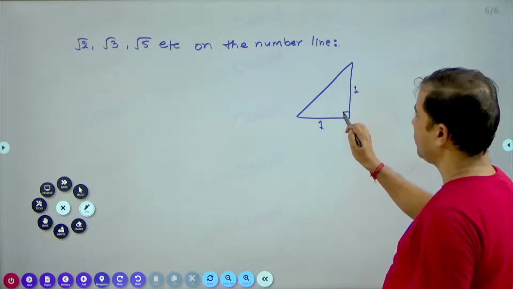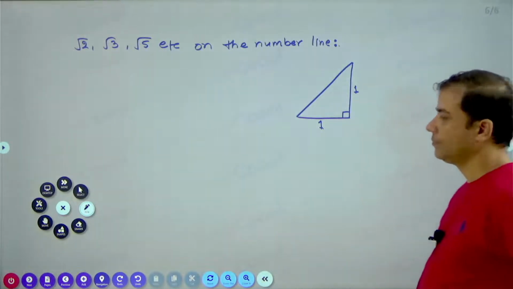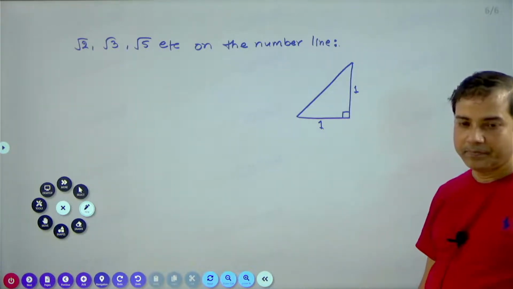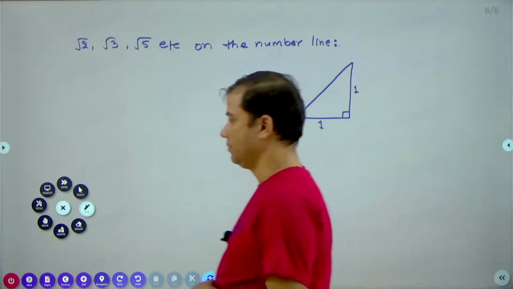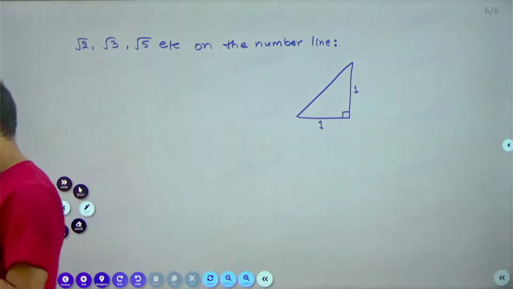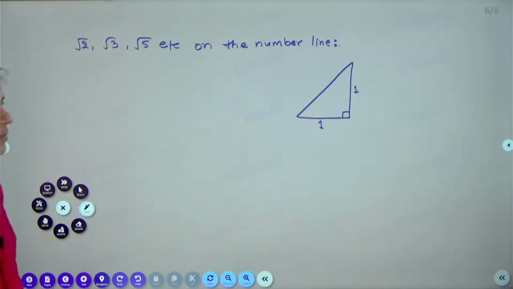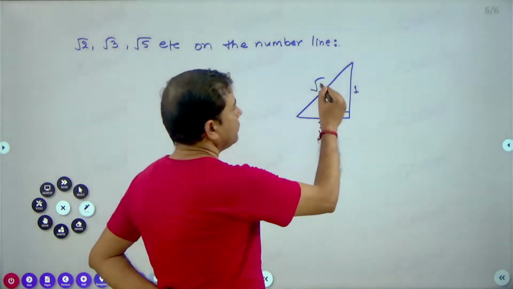Can you tell me how long is the hypotenuse? Do the calculation and check it. A brief calculation, not to show. Root 2, that's right. Root 2.